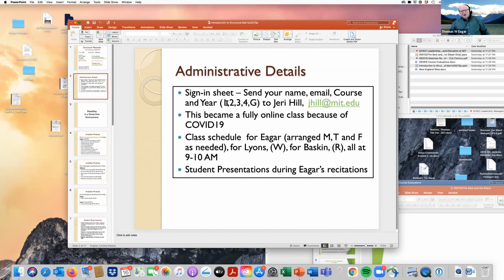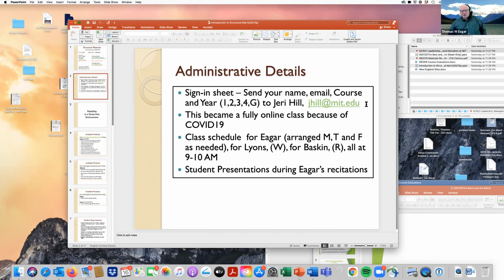I used to pass around a sign-in sheet, but I'm going to ask you if you're going to register for the course. Jerry has the list of 32 or 33 students who have contacted us, or the registrar gave us the names. But I've never appreciated how the registrar does this. I've been at MIT since 1968 when I came as a freshman, except for 3 years I've been somewhere else.